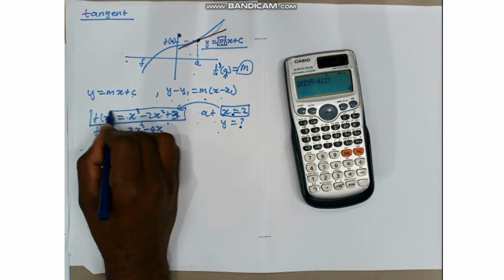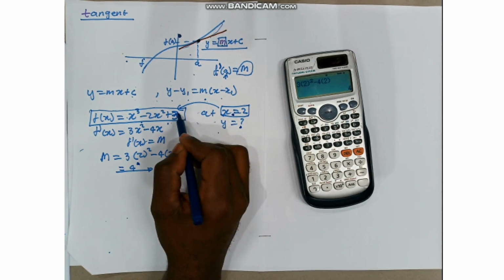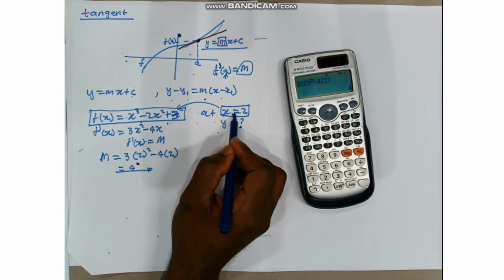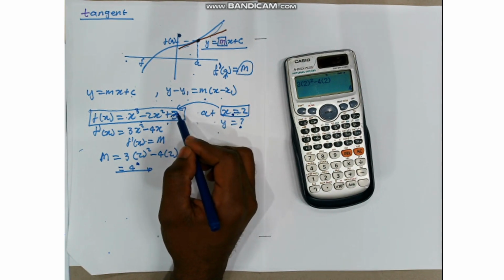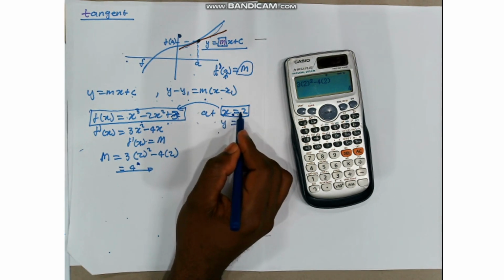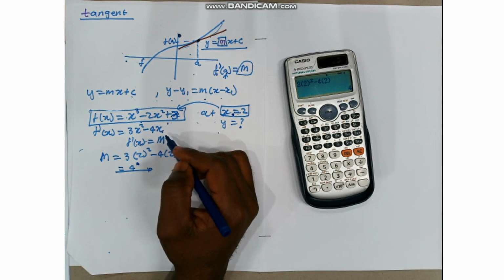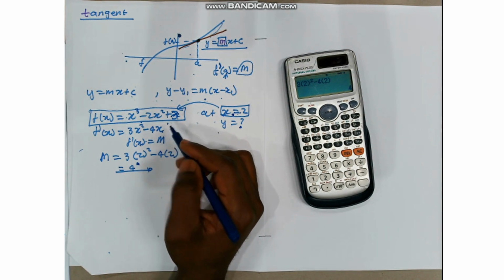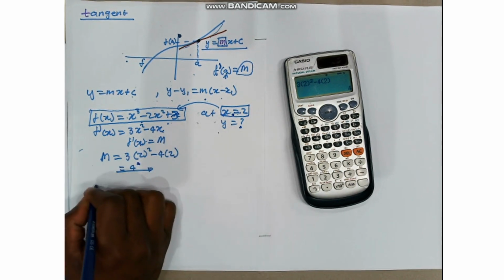When you are substituting this x into the original equation, we are finding the y coordinate. But if you are substituting this x into the derived equation, we are calculating a gradient. It's two different things.